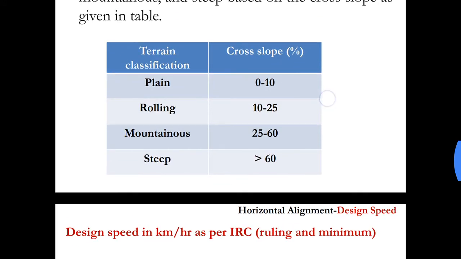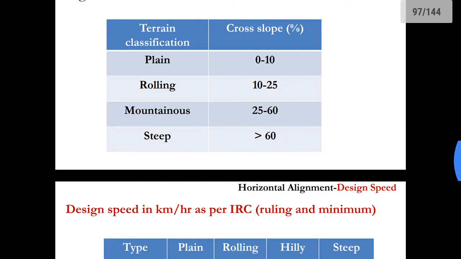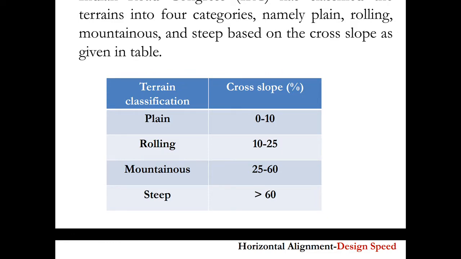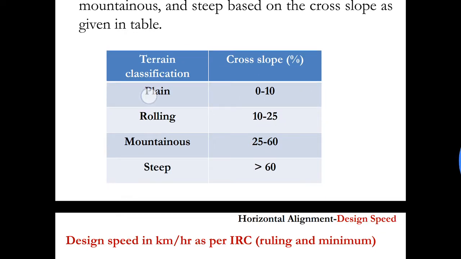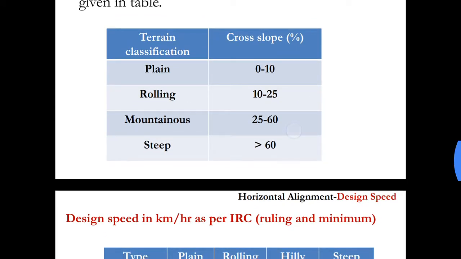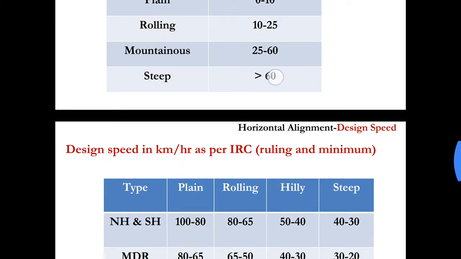The cross slope percentages have been specified by IRC. If the cross slope varies from 0 to 10%, then it is plain terrain, 10 to 25% rolling, 25 to 60% mountainous, and greater than 60% is steep terrain.